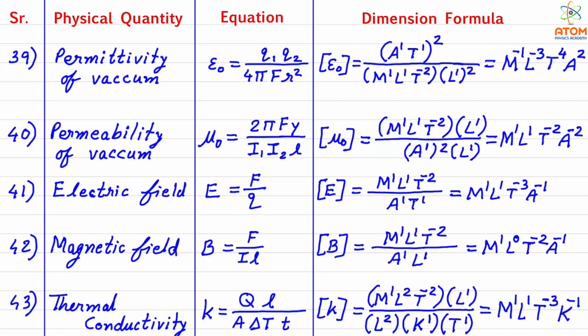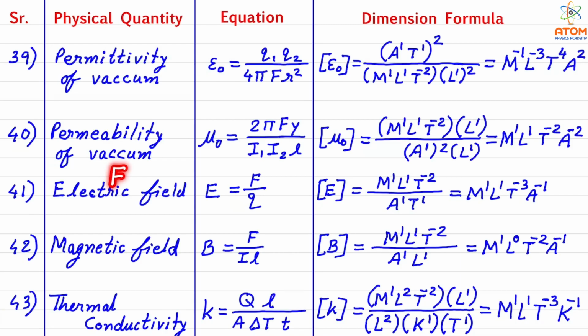Permeability of vacuum. This was permittivity of vacuum, this is permeability of vacuum, which is for magnetic field. This was for electric field and electric force, and this is for magnetic field and magnetic forces. And the equation of force between two current carrying wires.